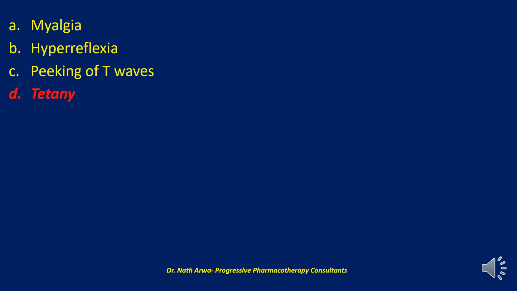Then hyperreflexia is the most commonly associated symptom with a lesion or a mass or compression of the upper motor neurons in the central nervous system, not in this particular state. Then myalgia can occur from a number of conditions, but hypocalcemia is not one of them. So the best answer in this particular case would be tetany. Let's move to the next slide.